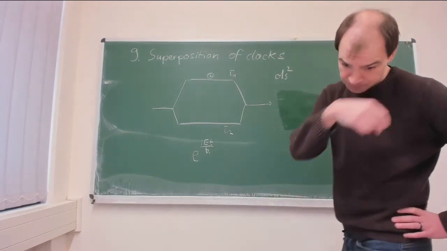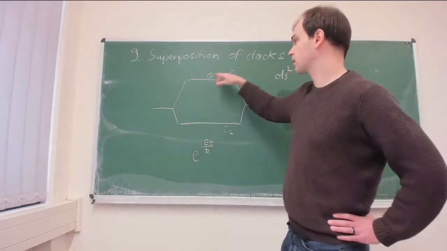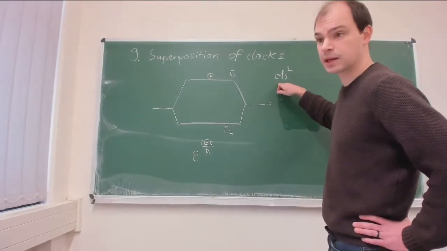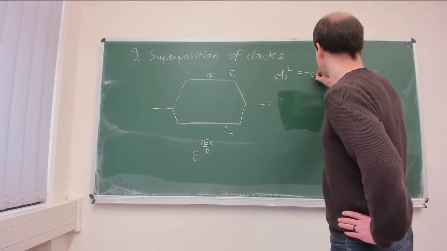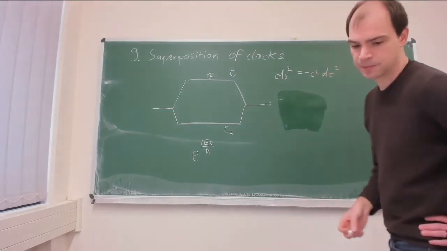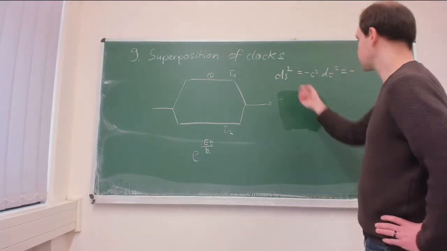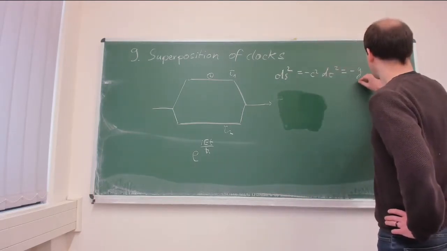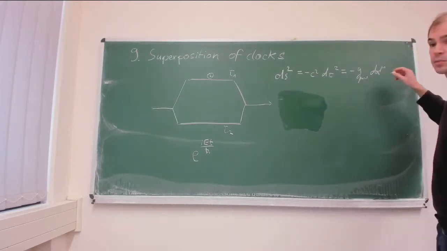If we go along one of such paths, we can give this line element in terms of the proper time, so it's minus c squared d tau squared. The definition of this line element is that it's minus g mu nu dx mu dx nu.